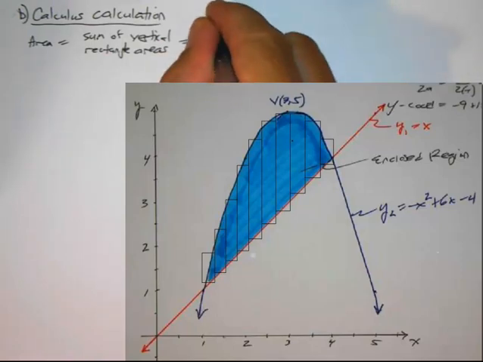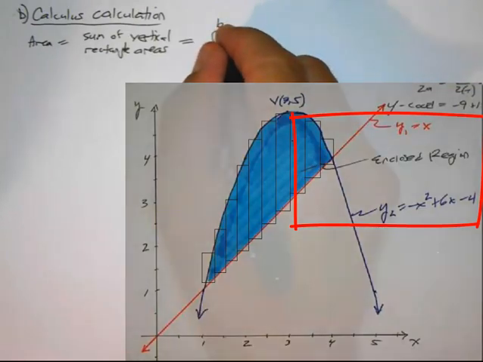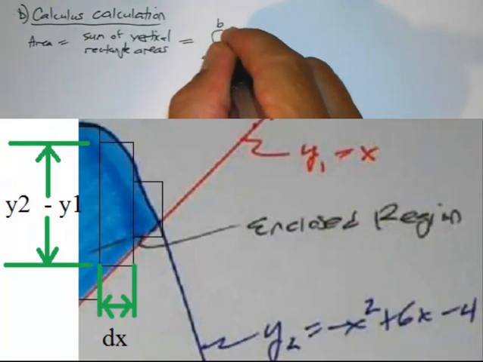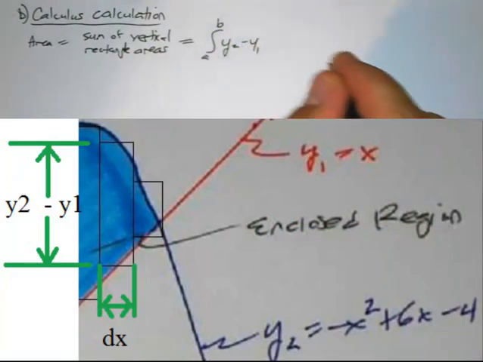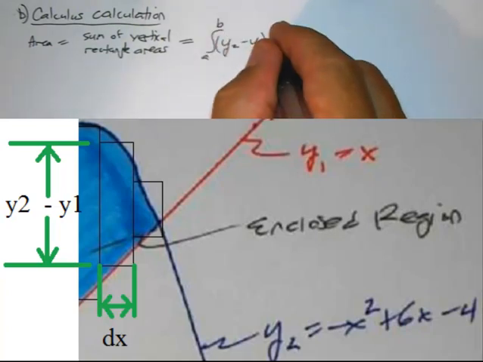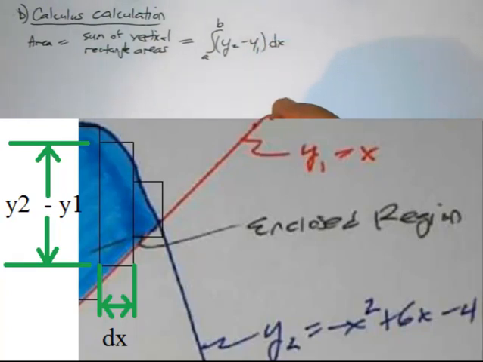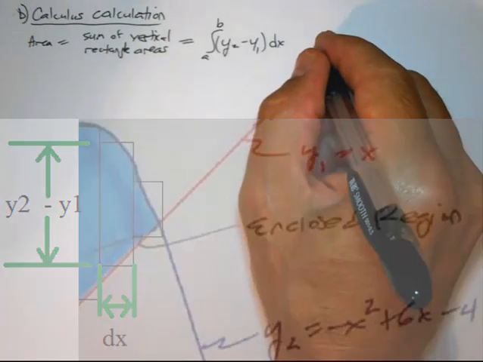So we're going to sum up from a to b our areas of these rectangles. I need their height, which in our case is y sub 2, the top, minus y sub 1, which forms the bottom edge, and the thickness of these is along the x-axis, so that'll be a little dx thick. Okay, so there's my starting point for using a definite integral here.